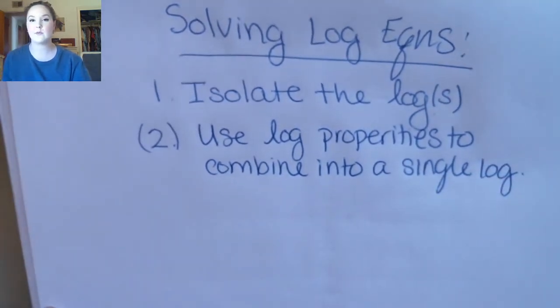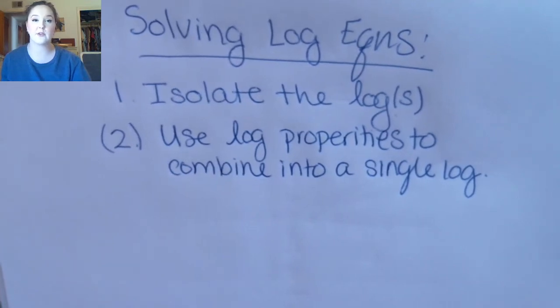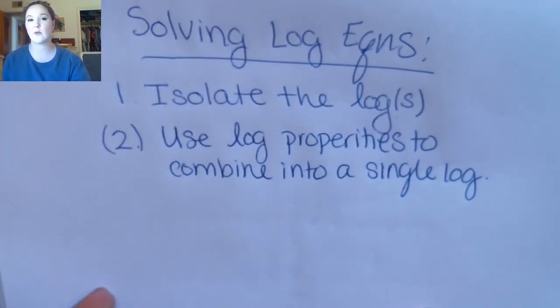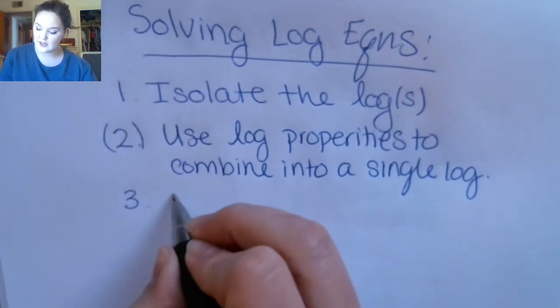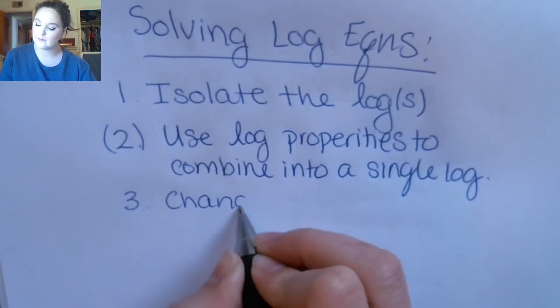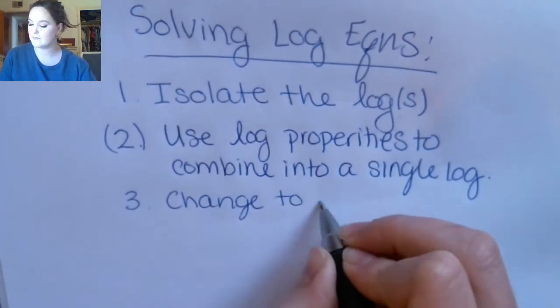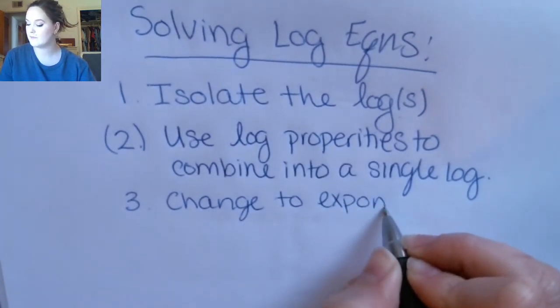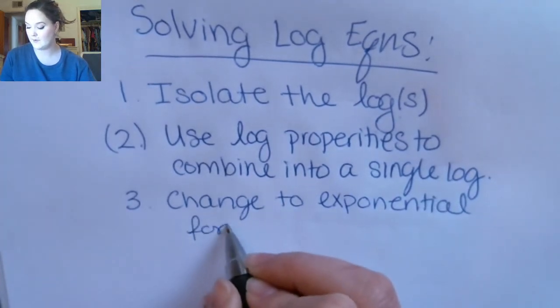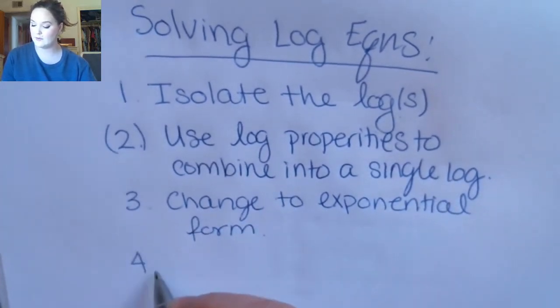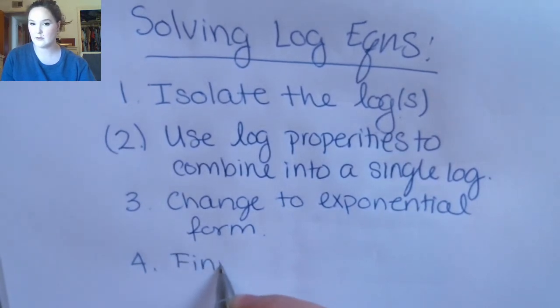Now this is one of the applications of the log properties. When you're solving these equations, you need to combine the logs into one log. Then you're going to change to exponential form, and then you're going to finish solving normally.